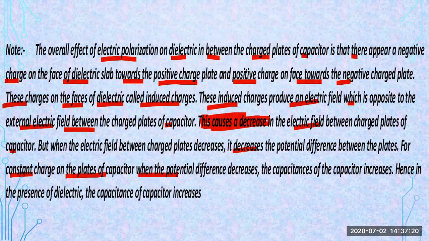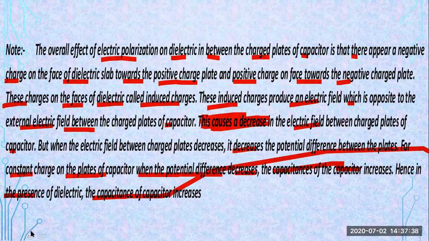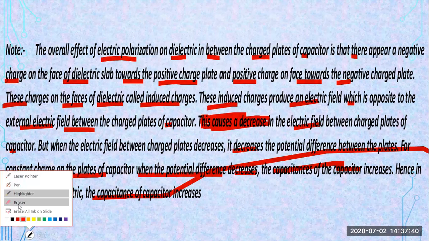When the potential difference decreases, the capacitance of the capacitor increases, and hence in the presence of dielectric, the capacitance of the capacitor increases. So this is the main concept.